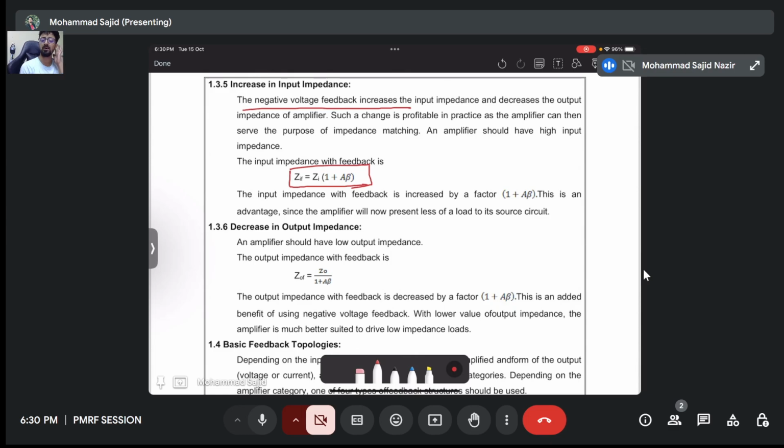So this process can be used for impedance matching. This is the advantage for the voltage amplifier: we get a large increase in input impedance. Similarly, at the output we are required to decrease the output impedance for the voltage amplifier. That can also be done, and it gets reduced by this factor 1 plus Aβ.